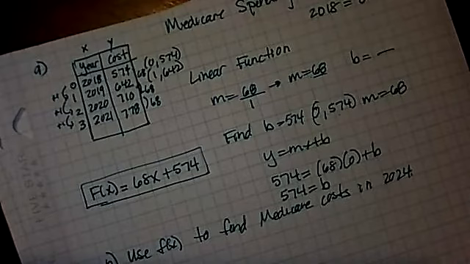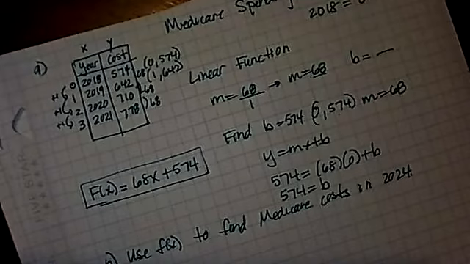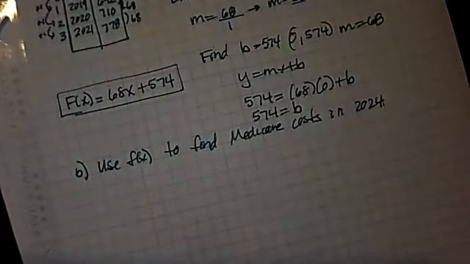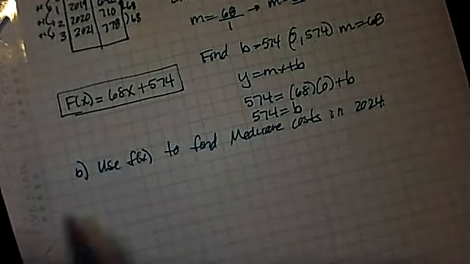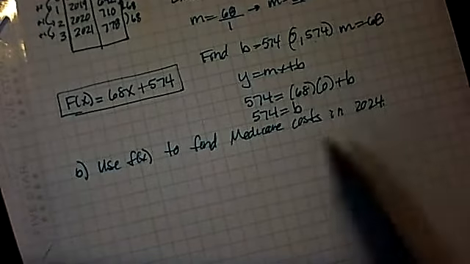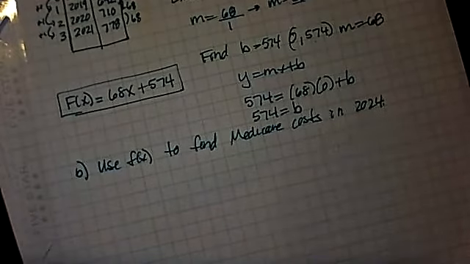It was very exponential and didn't always match what happened. That happens. We're just making a prediction. It isn't always going to turn out the same, and there are lots of variables that come into play. But now that I have this function, can I find what the Medicare cost would be in 2024? Well, sure.